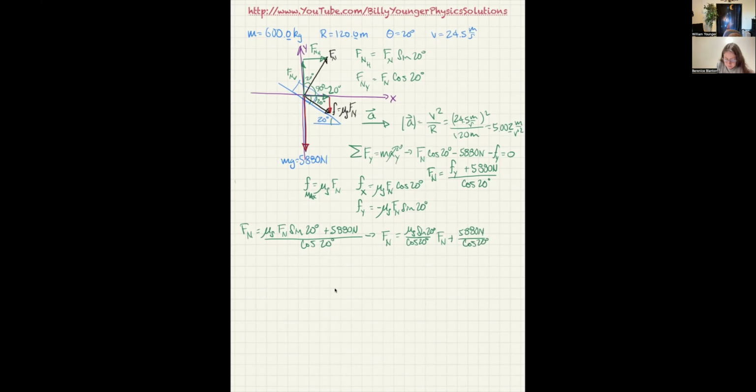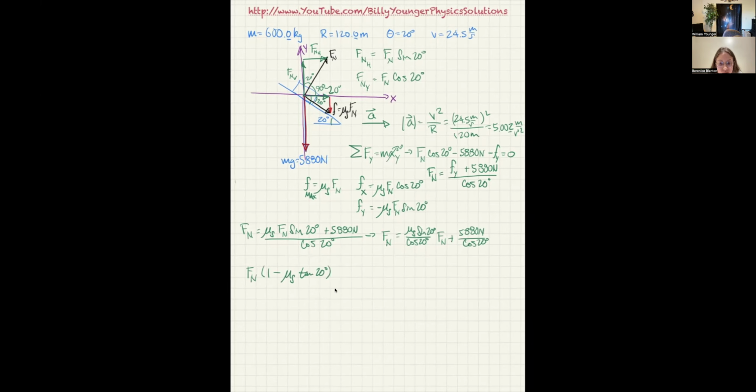And now I can take this term and bring it to the left-hand side. So now I'm going to have Fn times 1 minus mu s times the tangent of 20 degrees, because sine over cosine is tangent.